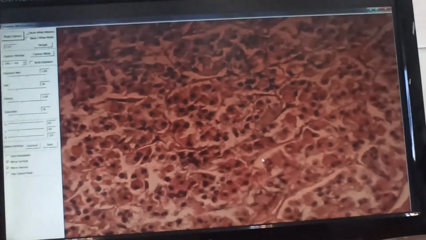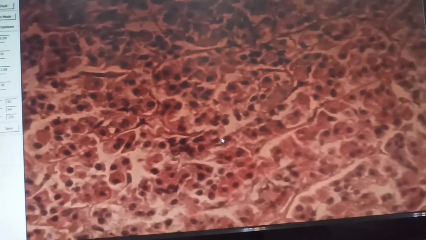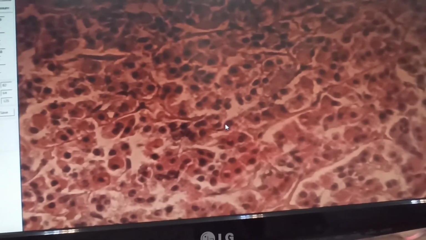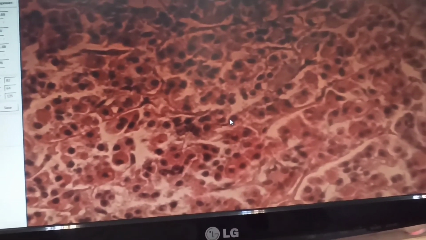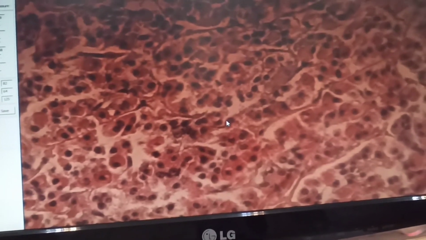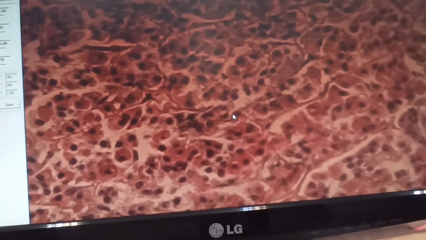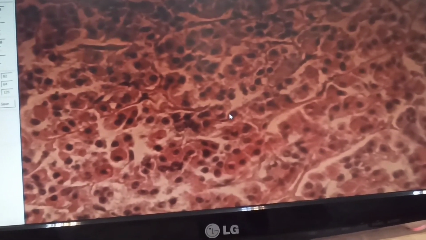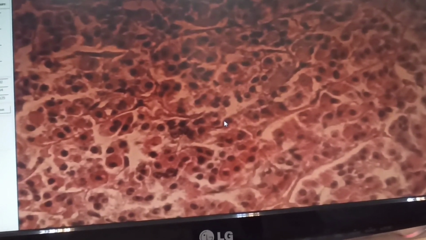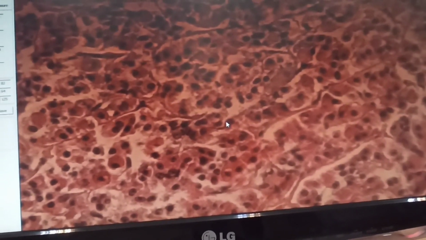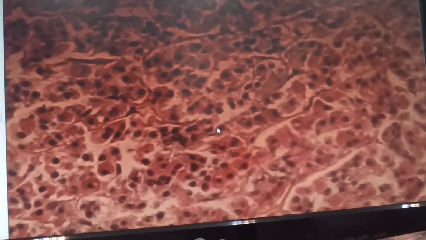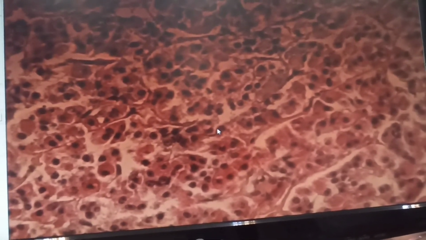And these purple cells are basophils. In pars distalis, we have more acidophil cells, and in the intermediate part, we have a lot of basophil cells.